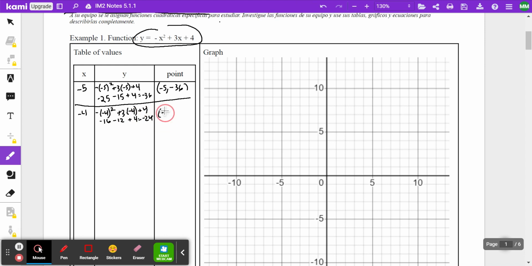So the point -4, -24 should be on my parabola. Okay, let's do -3. Negative of -3 squared plus 3 times -3 plus 4 is -9 minus 9 plus 4, which is -14. We've got -3, -14.